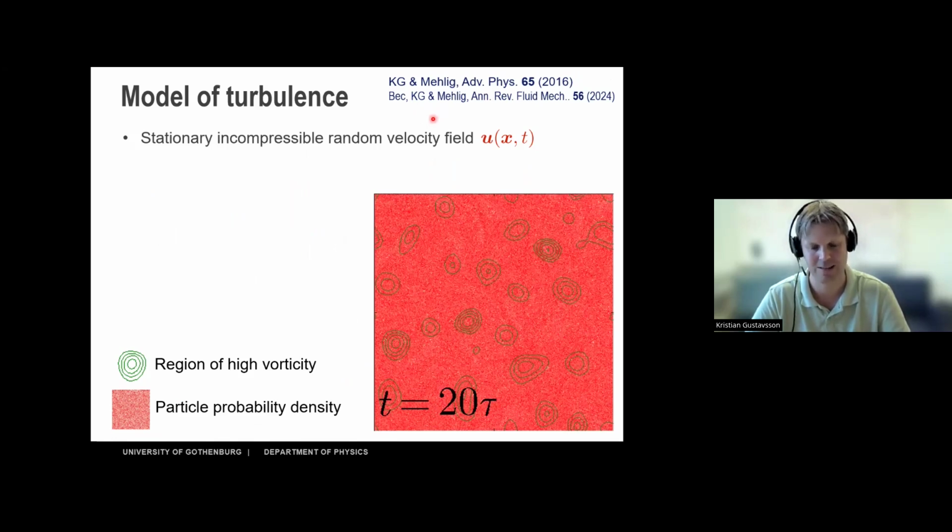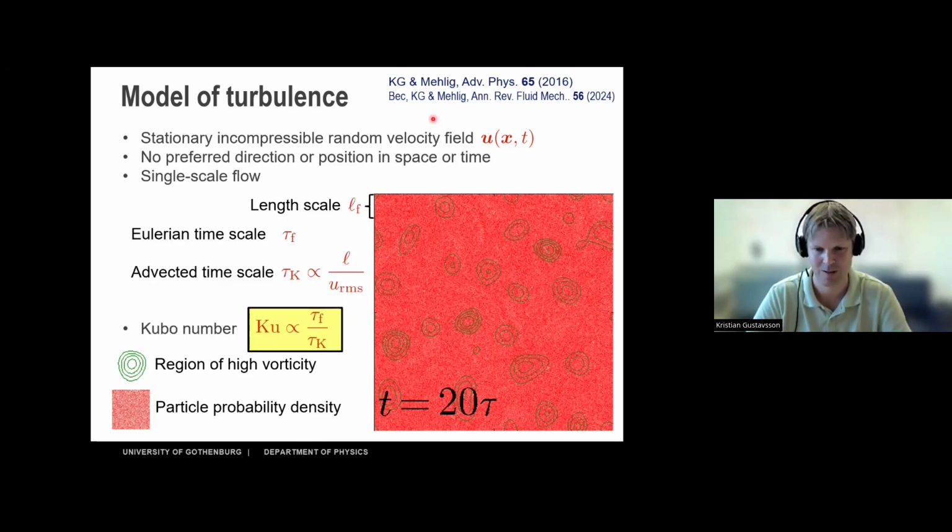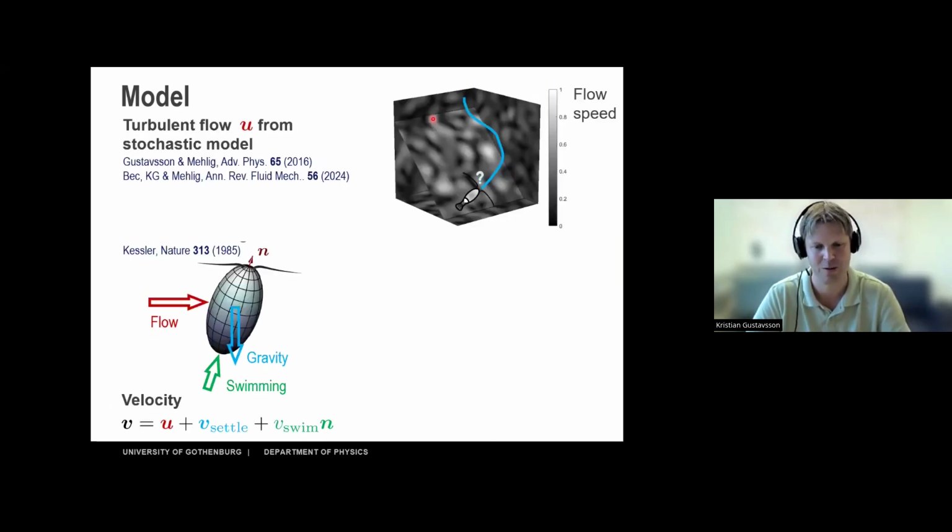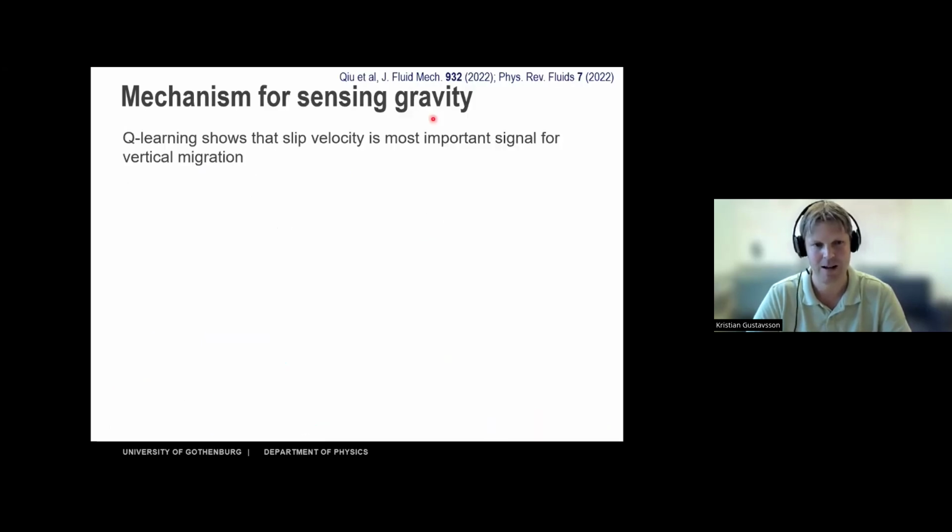And the advantage is that if you want to do real numerical simulations of turbulence, it will take a very long time. With reinforcement learning, you want to do trial and error and do everything very quickly, and then it's beneficial to have a model like we use. So I will not go into the details on the model. And then we can find different strategies for swimming vertically.